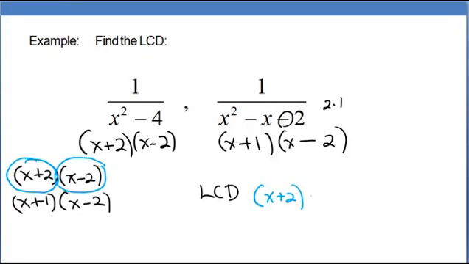So we will need an x minus 2. And also the x plus 1, and it only occurs once in this one and none in the other. So you take it from the one with the most. And this will be our least common denominator. We're not going to multiply these out. We will just put on the missing pieces as they are. So this is our LCD.